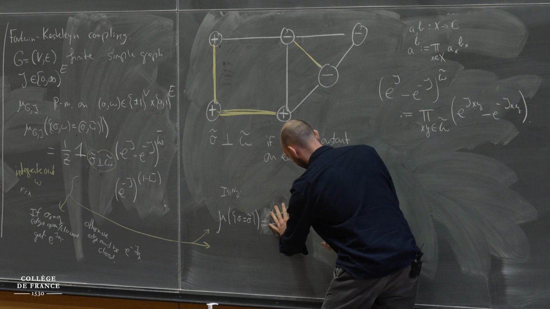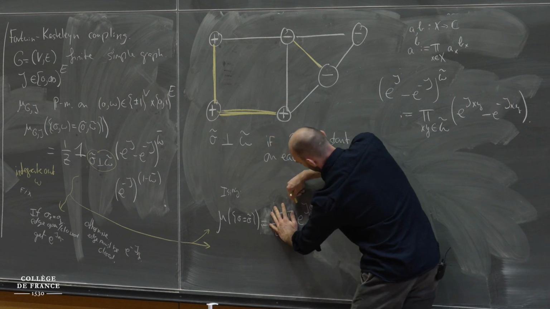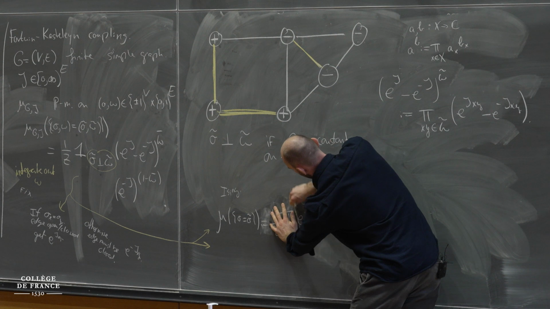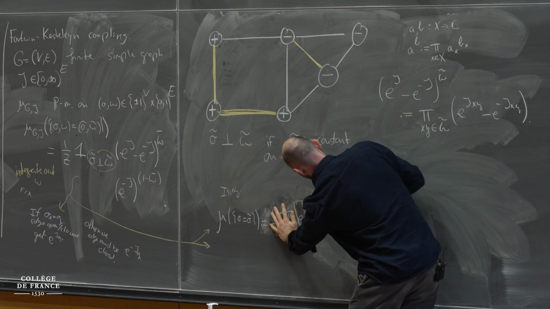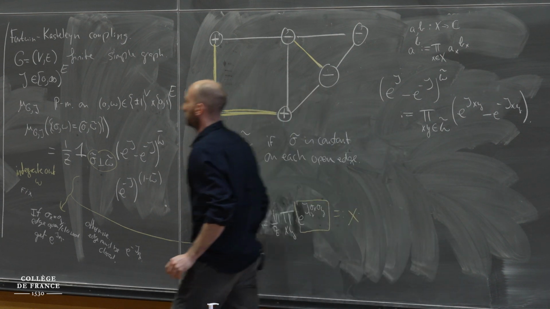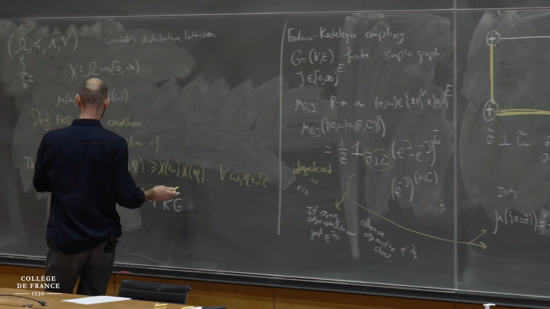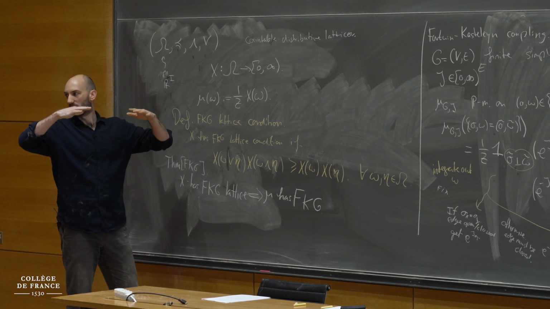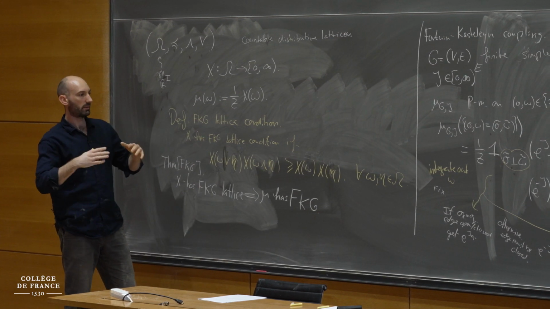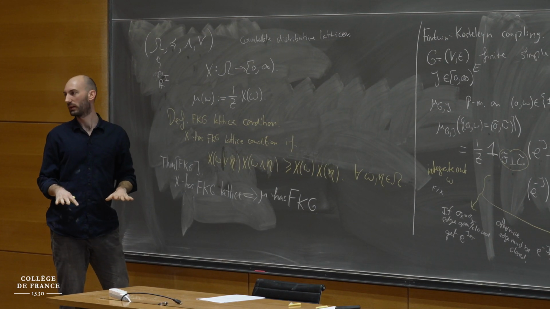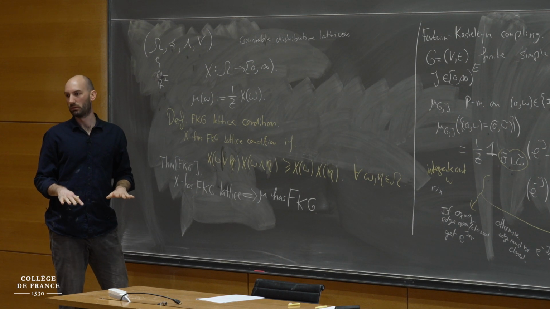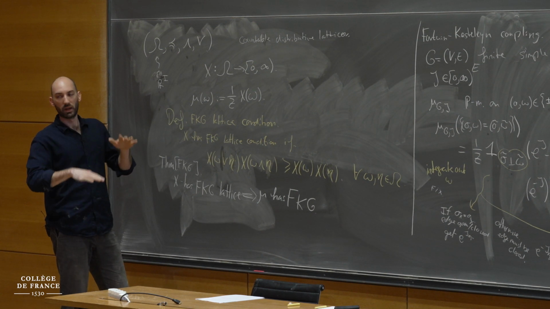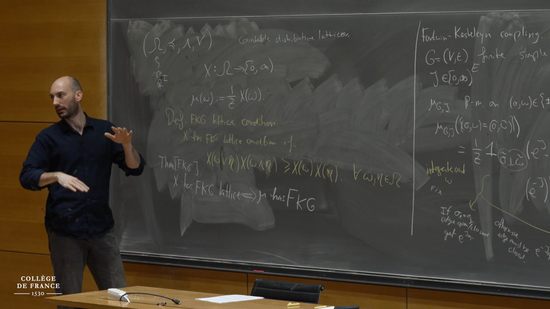Because what I need to check, I define this as x, and then I can just check this. What I'm saying is that if both my edges are open, I will get e to the j. If both are closed, I also get e to the j. But then if one is open and the other closed, I get e to the minus j.